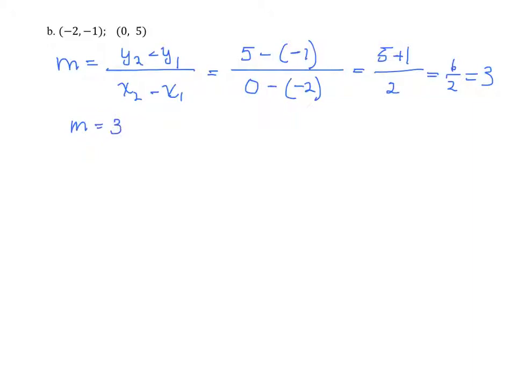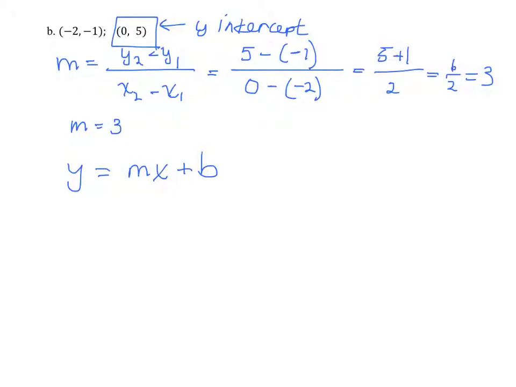So if I look at this right here, this is actually the y-intercept. So we can bammo, bablamo, write the equation of the line using slope-intercept form. y is equal to 3x plus 5.